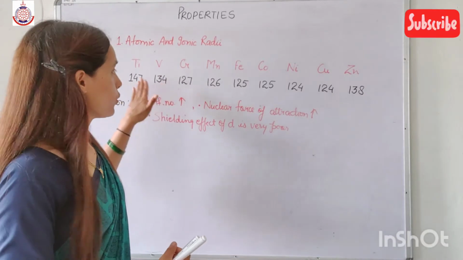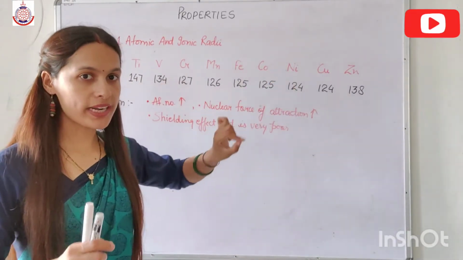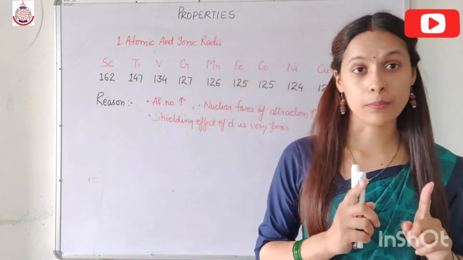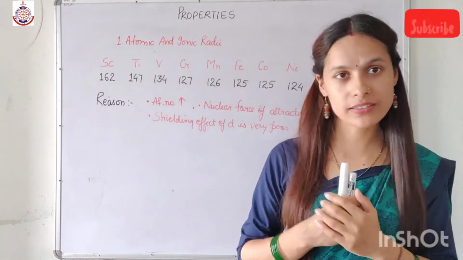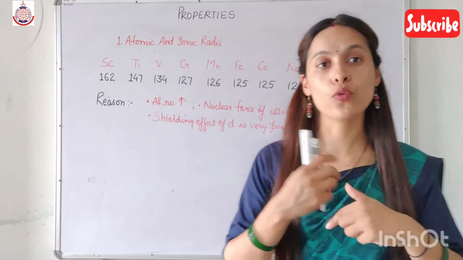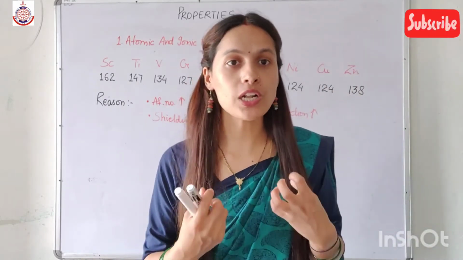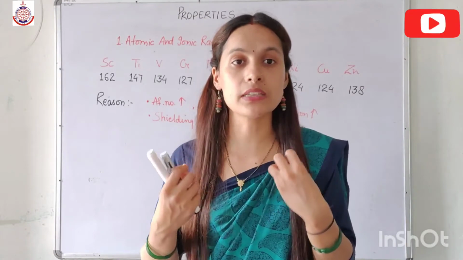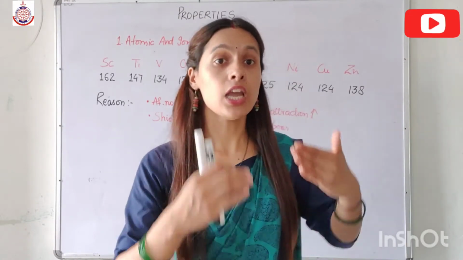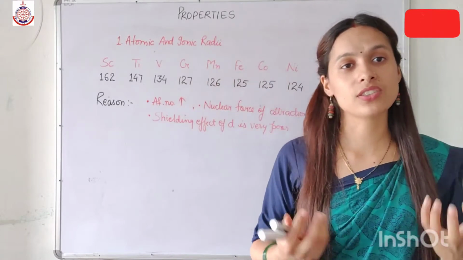Clear? As we move left to right in a period, the number of electrons in the d orbital increases. Due to this, the overall shielding power increases. And that shielding power reduces the effect of the increased effective nuclear charge.